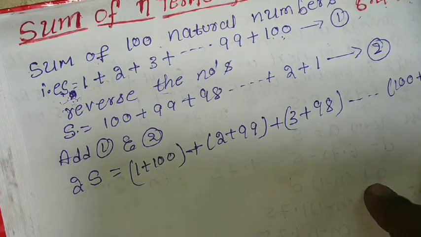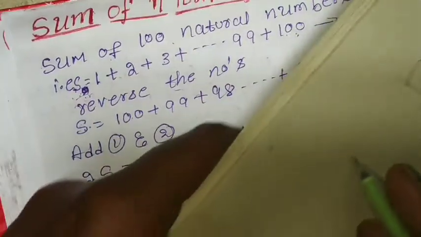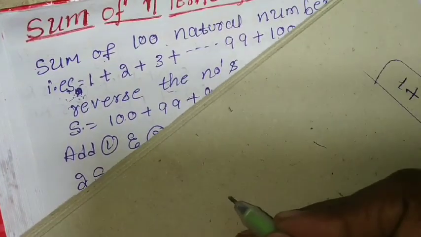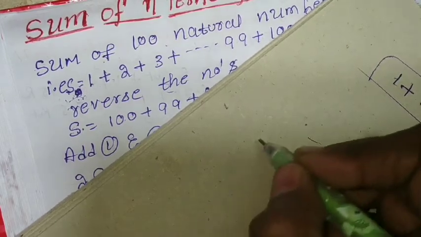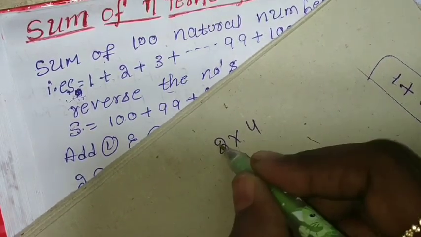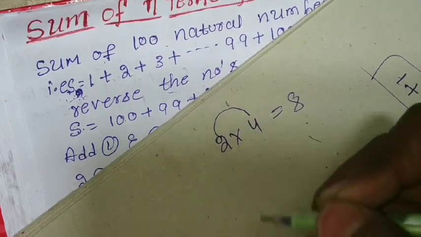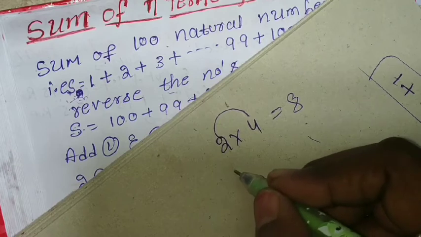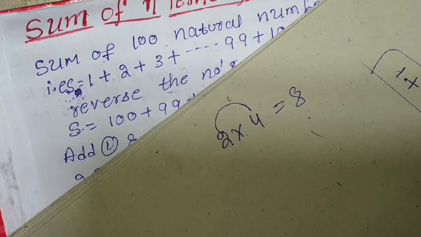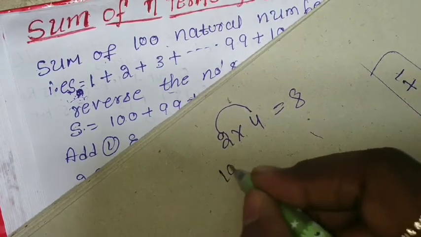Before that, one thing I need to say. What is 2 times of 4, or how can you write this? 2 times of 4 means 2 into 4. What is the result? 8. Then what is 100 times of 100?